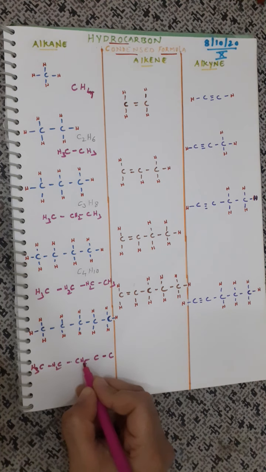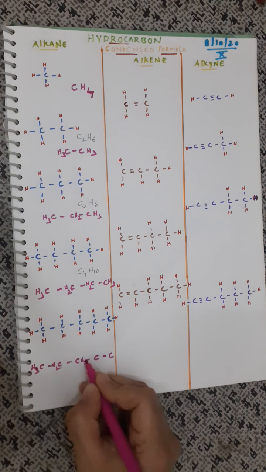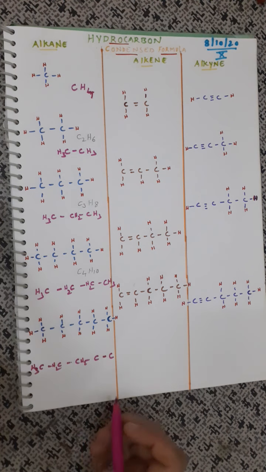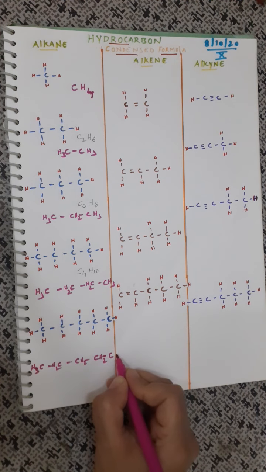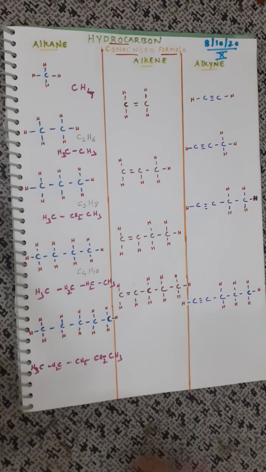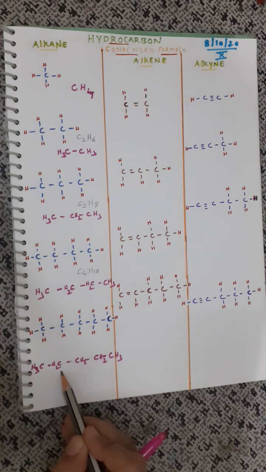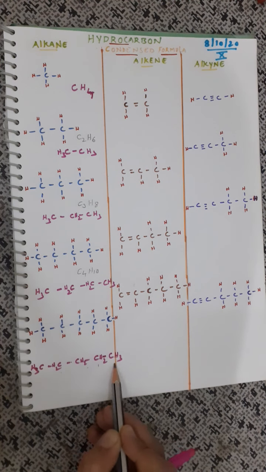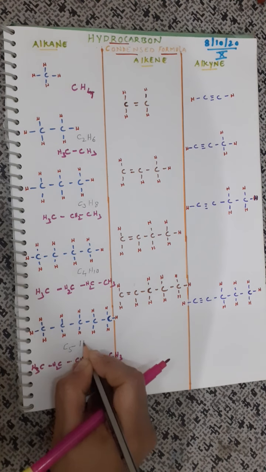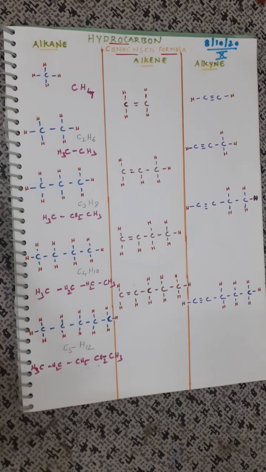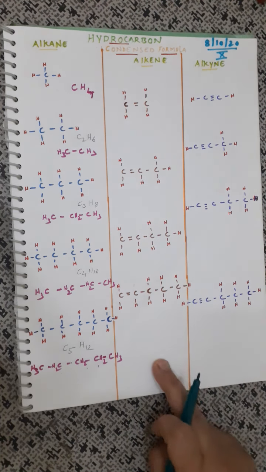It doesn't make a difference, because anyhow it is understood that these hydrogens are associated with this particular carbon. Then the fourth carbon also, CH2. Fifth carbon, CH3. So CH3, CH2, CH2, CH2, CH3. Further condense, the formula becomes C5H12.